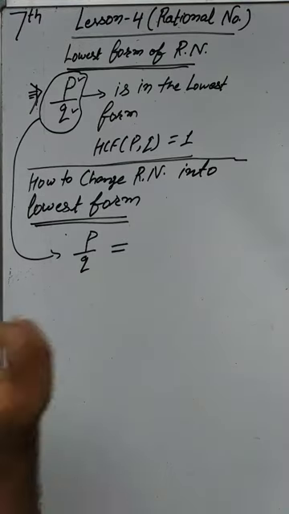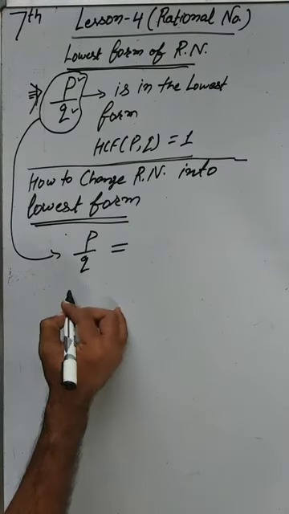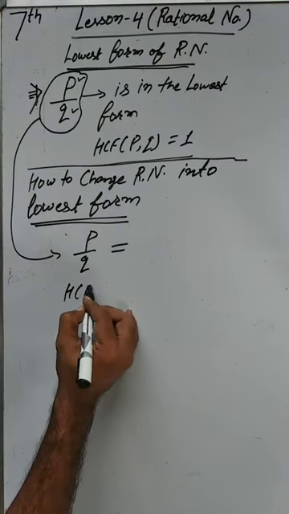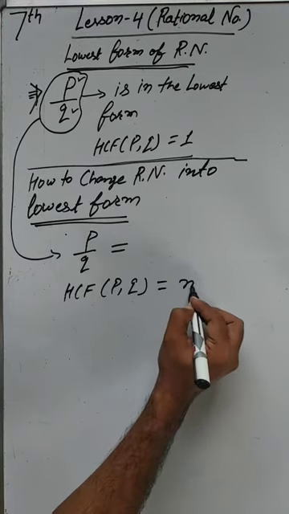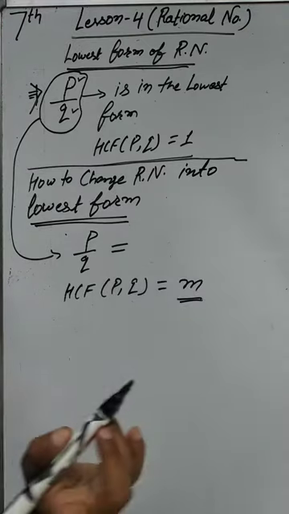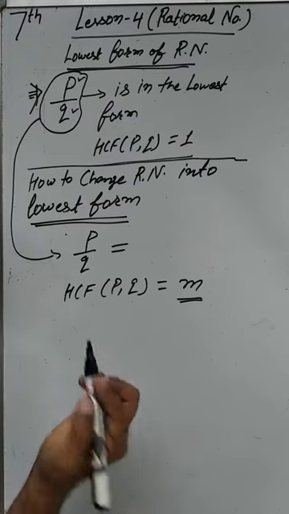It is not in the lowest form. That means the HCF of p and q is not equal to 1. Suppose the HCF is equal to m. m is any number except 1. Okay? Understood?